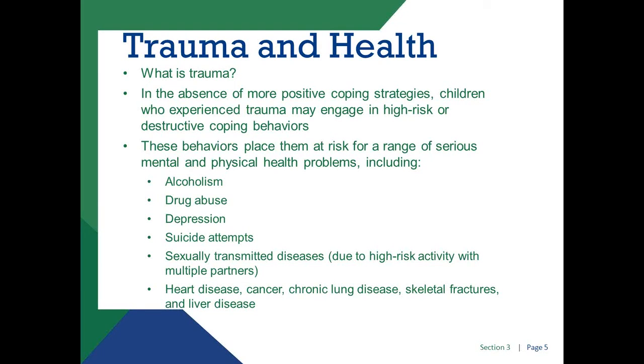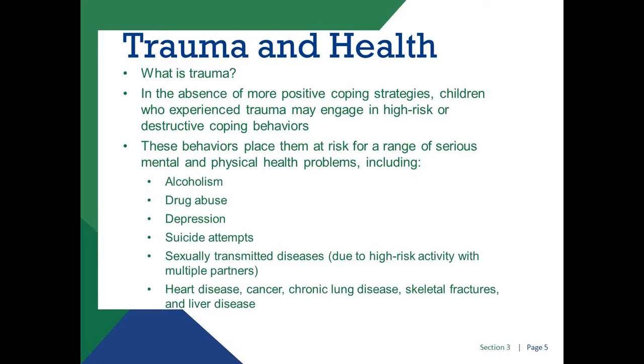And the resulting traumatic stress that the child feels refers to the physical and emotional responses that child has to that traumatic event. And when there is an absence of positive coping strategies, when there's not an intervention or some assistance in helping that child to cope with that traumatic experience, the child may engage in high-risk or destructive coping behaviors, and these behaviors place them at risk for a range of serious mental and physical health problems.